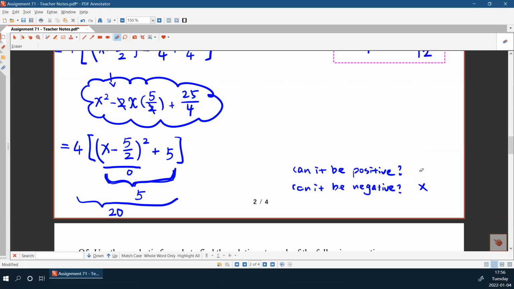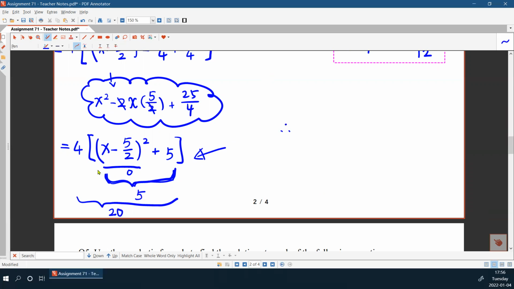And now we can make the conclusion. Because the expression here is exactly the same as the original one, right? Therefore, we have already discussed the smallest possible value of this expression.